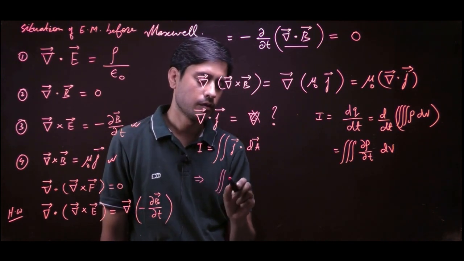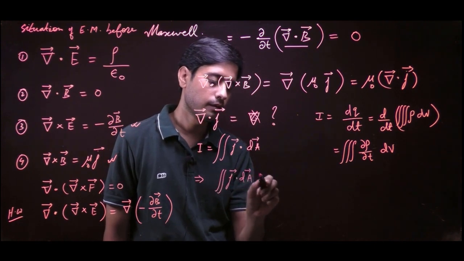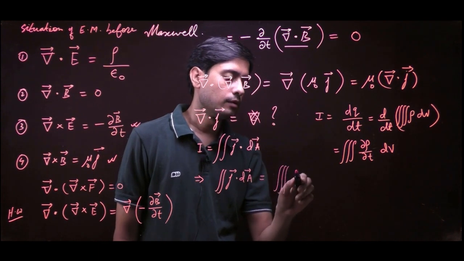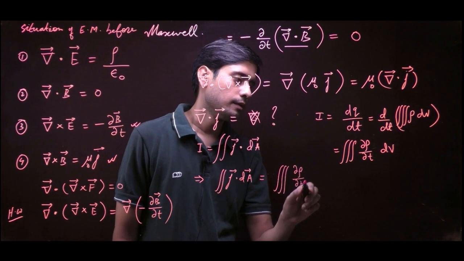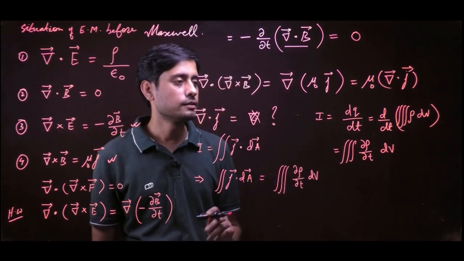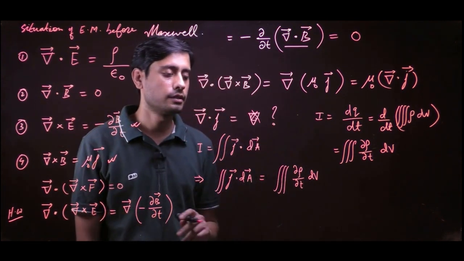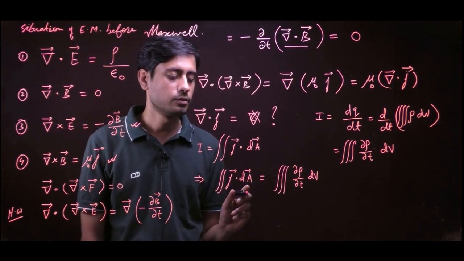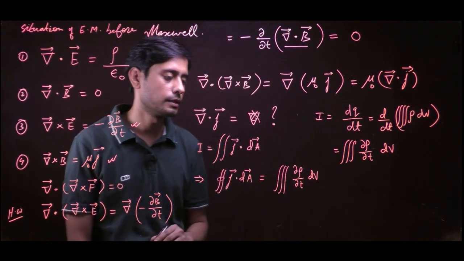So the integral of J dot dA equals the integration of del rho upon del t dV. Now current is passing through a cross section in a conductor, so we are taking a closed path to calculate the total current, so it must be a closed integral.